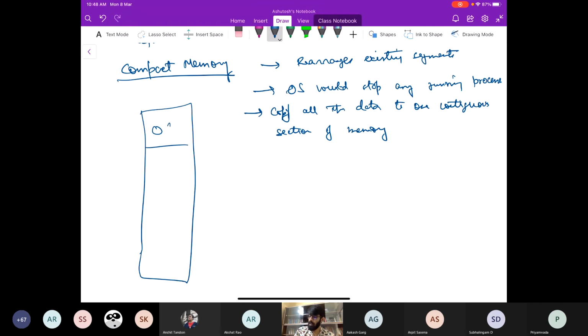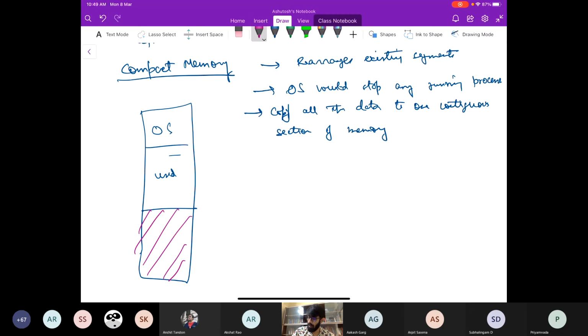So this is the OS, and then half is going to be used. So there will be many segments, one after the other. The OS will copy, and the remaining will be empty. Okay.